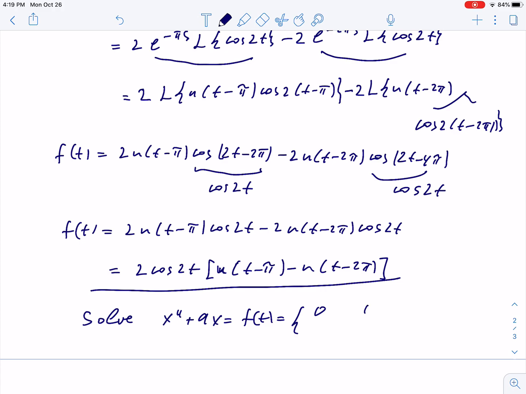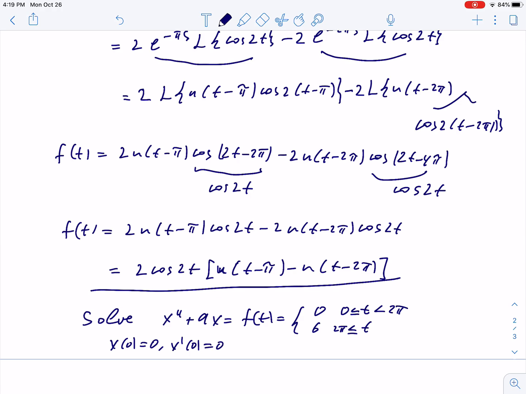It's 0 when t is between 0 and 2 pi, and it is, let's say, 6 when t is greater or equal to 2 pi. And we shall take also 0 initial conditions, x(0) to be 0, x prime(0) to be 0.